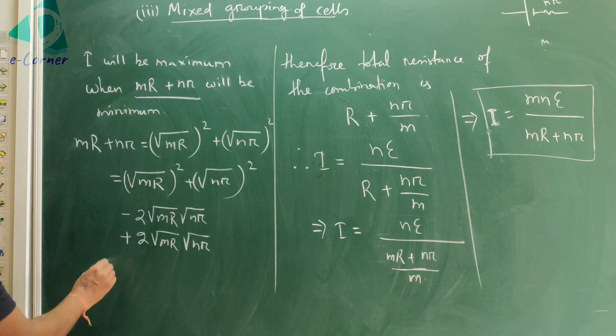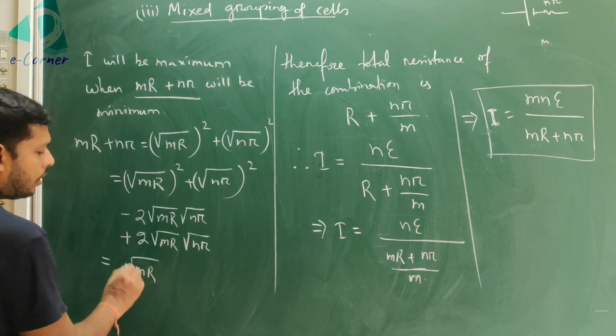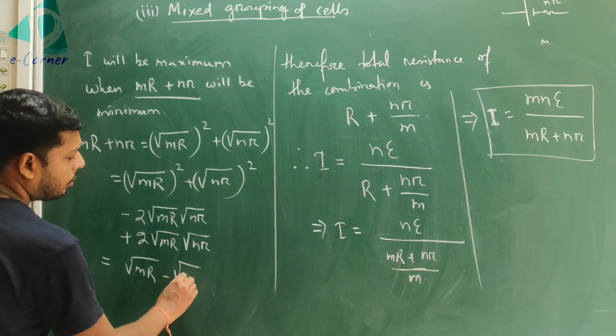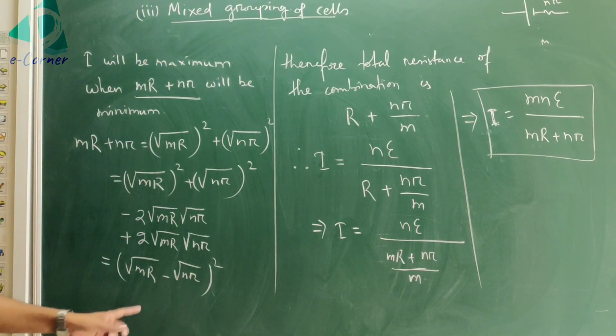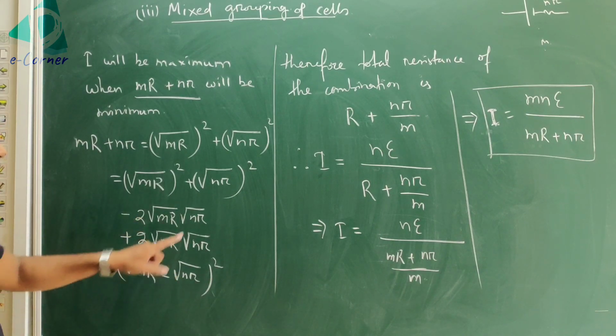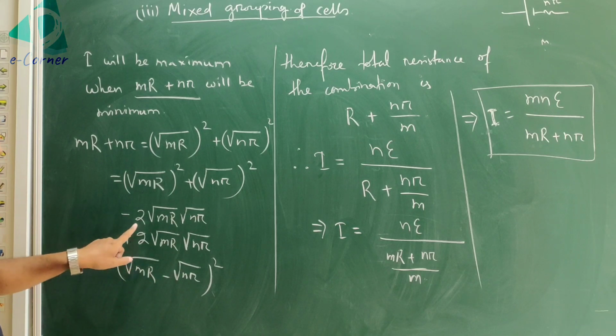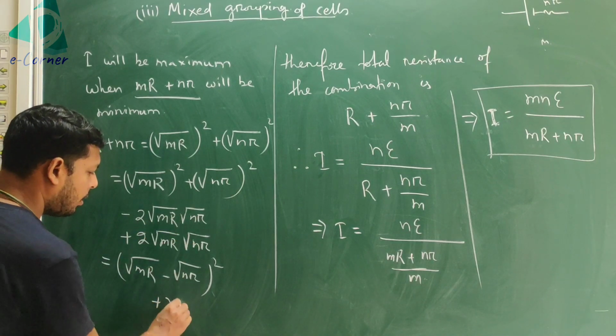So from this I can write root under mR minus root under nr whole square. So what has happened? What is the square of a minus b? a square plus b square minus twice ab, again plus this one.